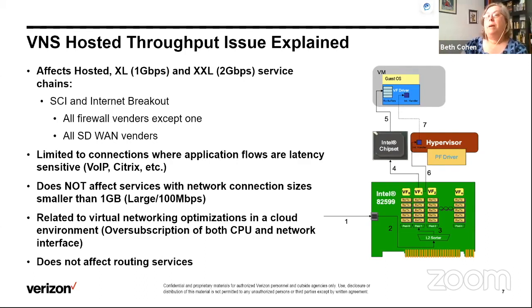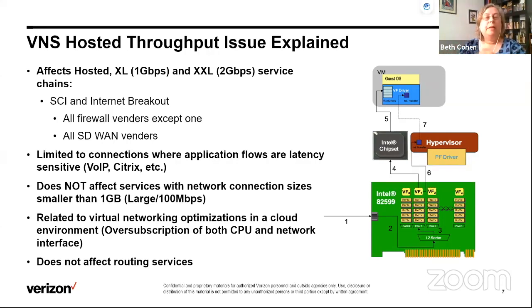issue. So kind of bits and bytes here. It affected all the vendors except for one firewall vendor who had actually done it correctly. And all the SD-WAN vendors had also not done it correctly. It was particularly true of latency sensitive deployments, such as voice over IP. And it only affected larger transports.